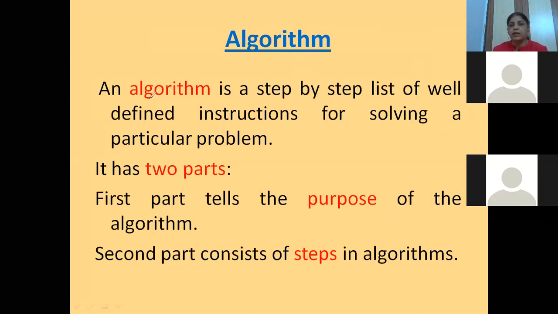It is basically a step-by-step list of well-defined instructions for solving a particular problem. So algorithm is basically a general logic for each platform. See, algorithm you can write, it's a general statement for any task.